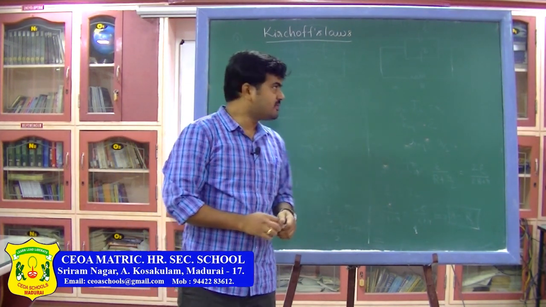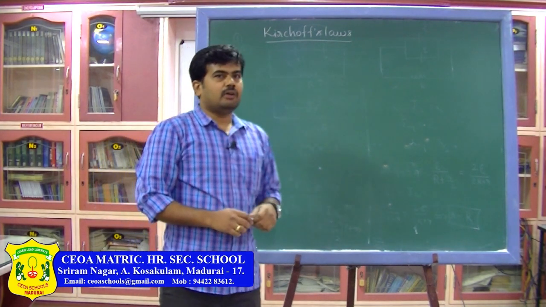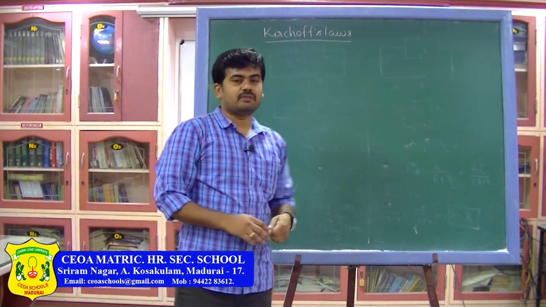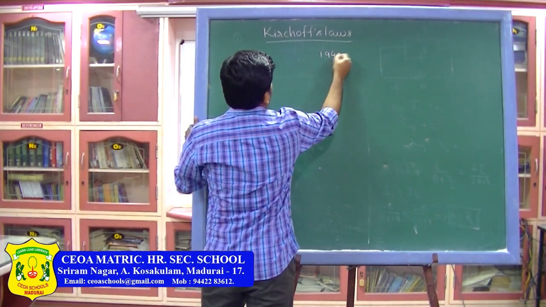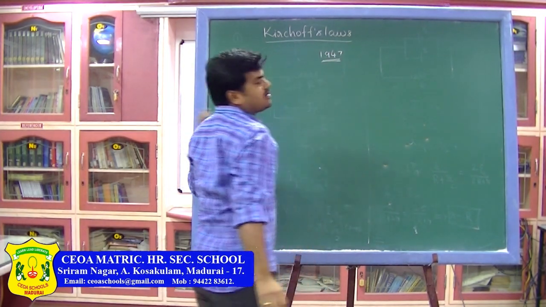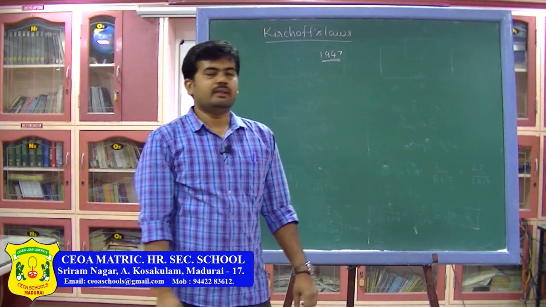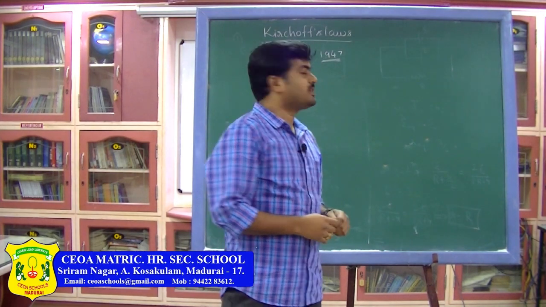So, in such complicated circuits, instead of using only Ohm's law, we can also use these laws known as Kirchhoff's laws. In 1847, Kirchhoff proposed these laws to solve difficult or complicated electrical circuits.